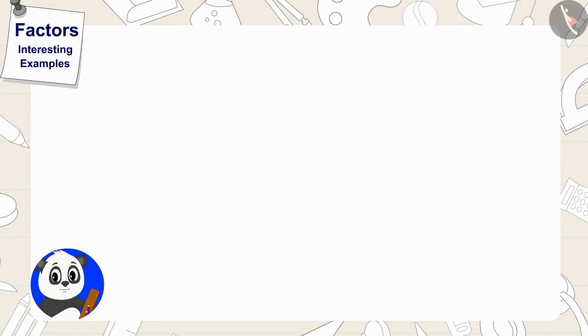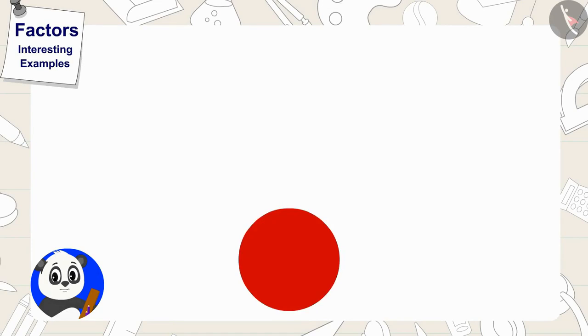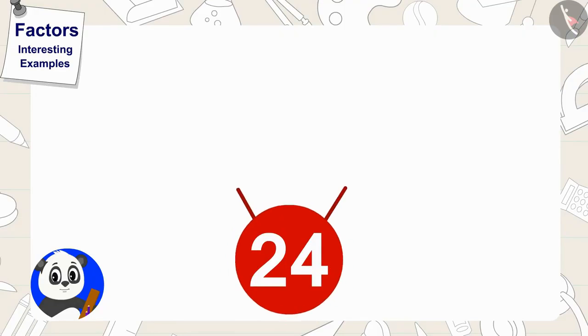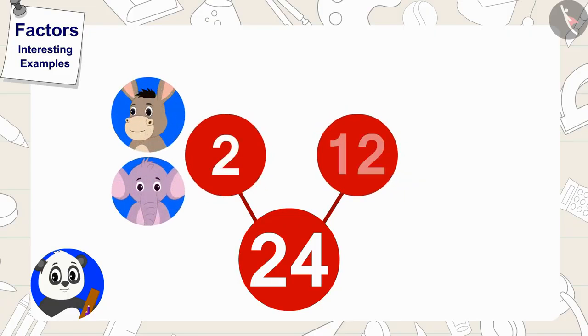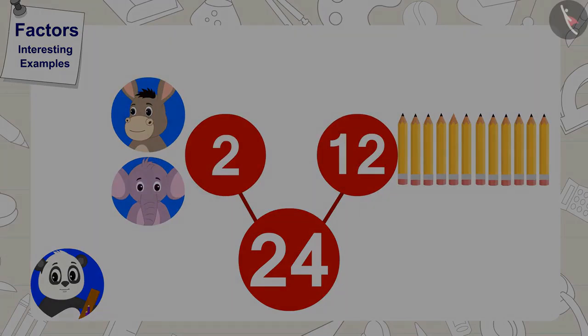He made such a circle on a paper and wrote 24 in it. Then he made 2 lines on the outside of the circle in this way and 2 circles on the other end of it. In these circles, he wrote down the numbers 2 and 12.